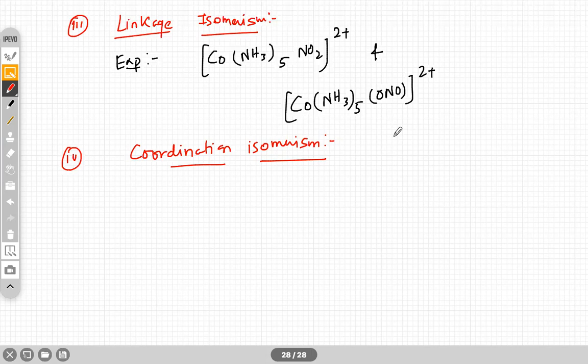The compound which has both cationic and anionic complex ions shows this type of isomerism.